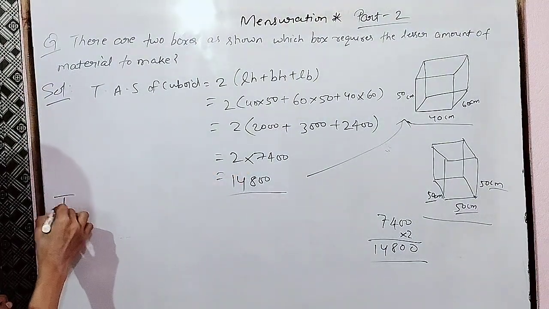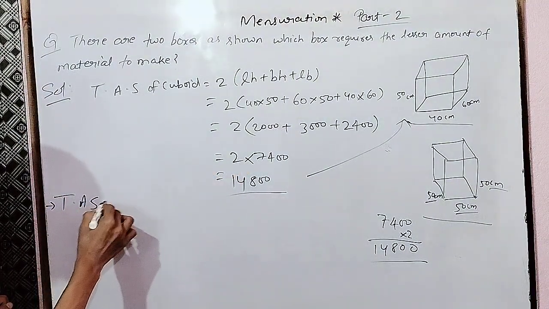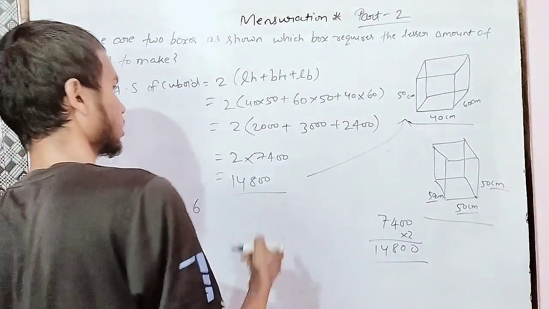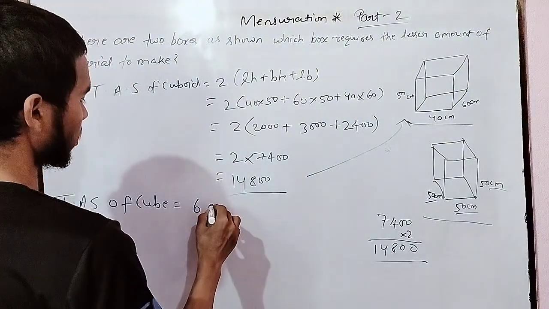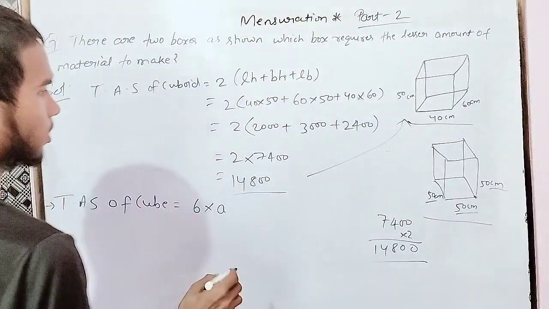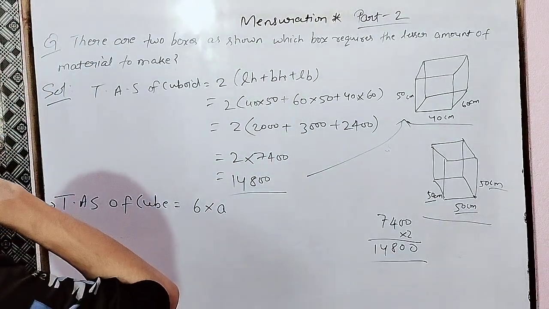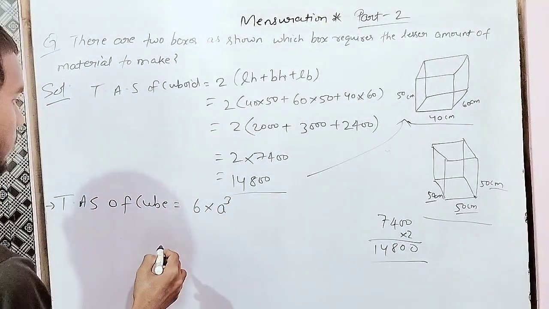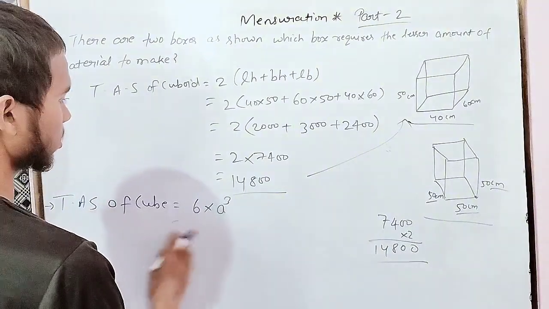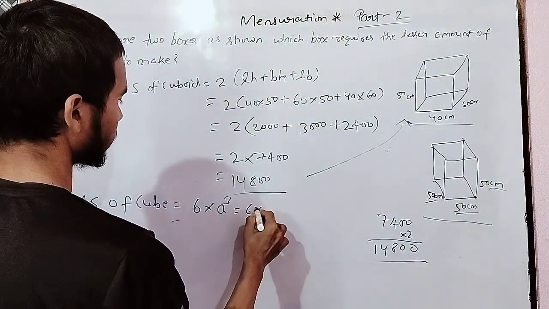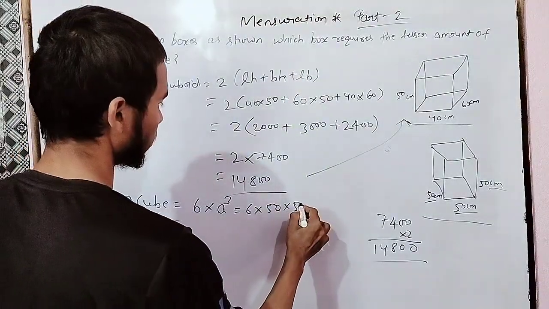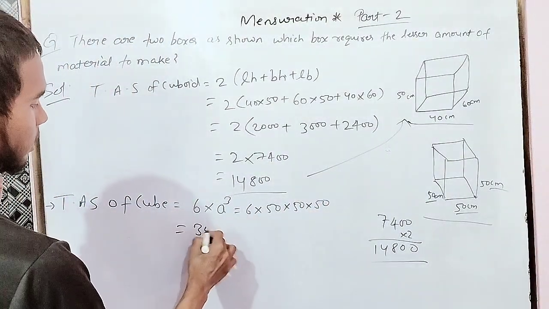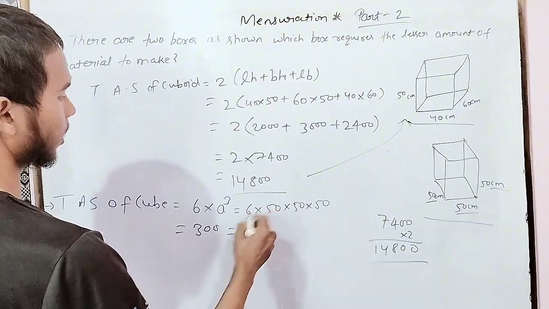Now the total surface area of a cube, which has 6 surfaces: 6 multiplied by A squared, where length, breadth, height are each 50. 6 times 50 times 50. 6 5s are 30, and 5 5s are 25.